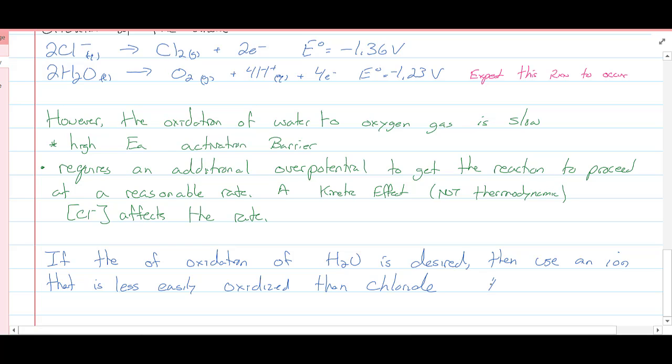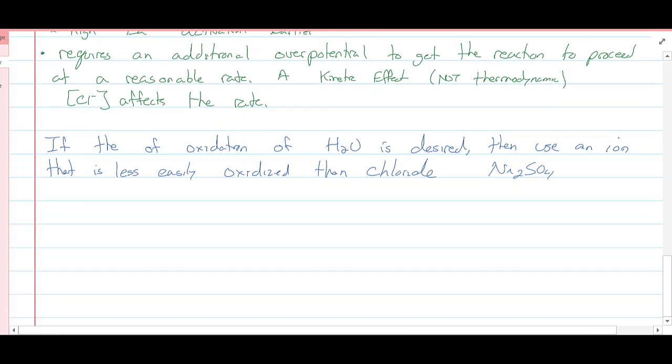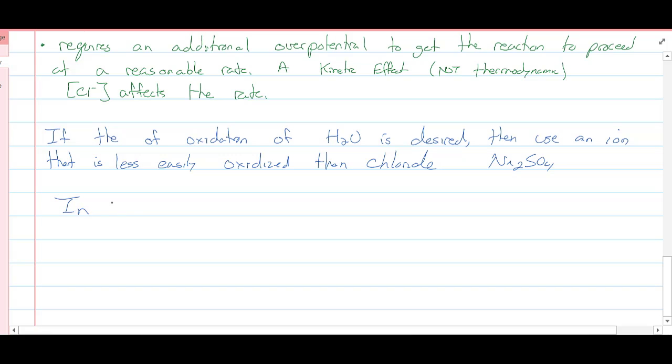Such as sodium sulfate. So in this cell, reduction of water would be 2H2O plus 2 electrons going to H2 and 2 hydroxides.